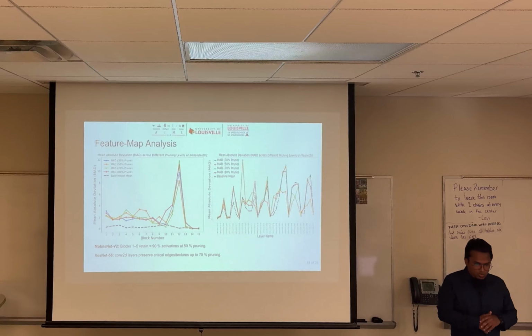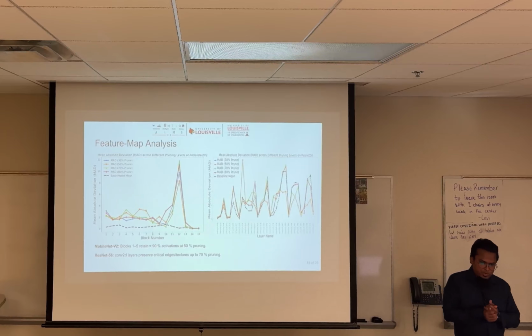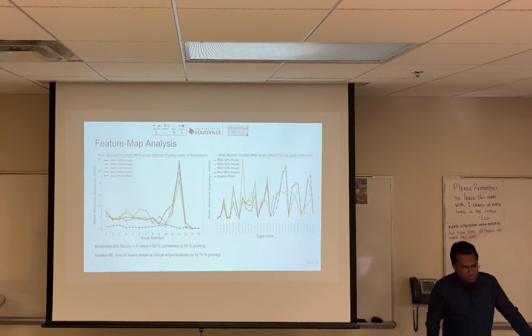Around blocks 11 to 13, you can see a certain upward jump in the MAD across the pruned models. This indicates an abrupt rise in feature map deviation. Pruning has caused a strong representational shift in these layers. This corresponds to the MobileNetV2 channel expansion zone, a high-curvature region where features become more entangled.